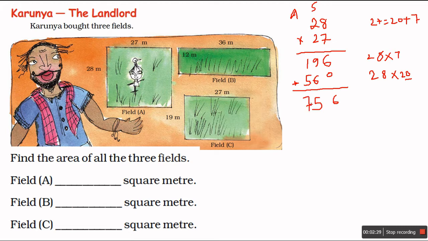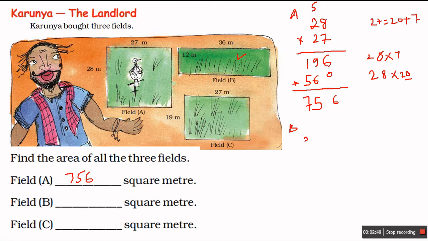So the area of field A is 756 square meter.